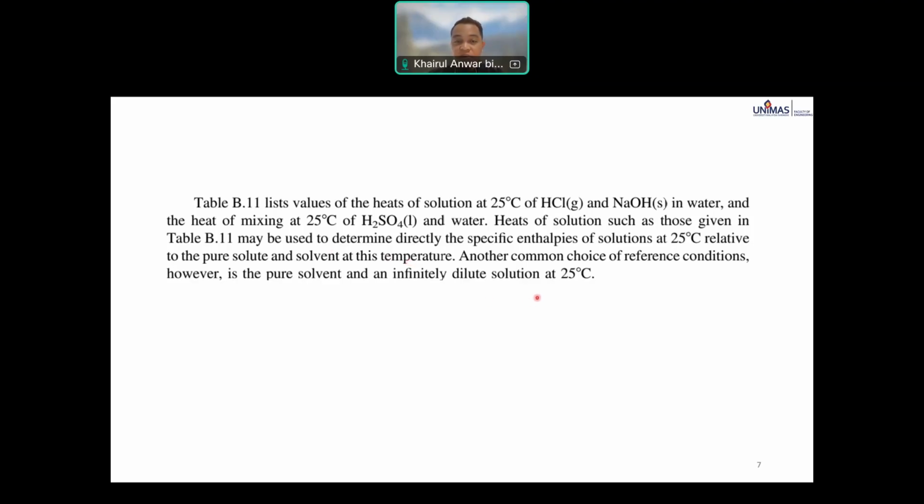Another common choice of reference condition, however, is the pure solvent and infinitely dilute solution at 25 degrees C.